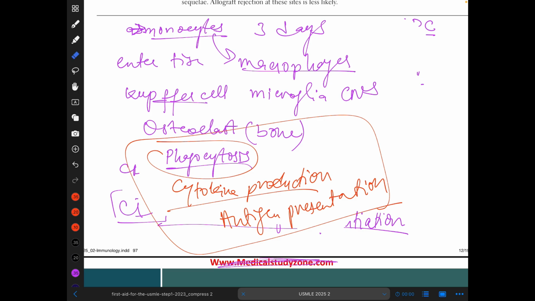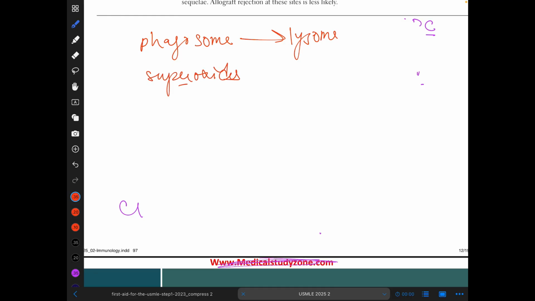And how do they go about phagocytosis? The macrophages engulf the pathogen into a phagosome, and the phagosome merges with a lysosome. These lysosomes contain deadly enzymes that cause death of bacteria and viruses. They also have reactive oxygen species like superoxides, produced by NADPH oxidase.